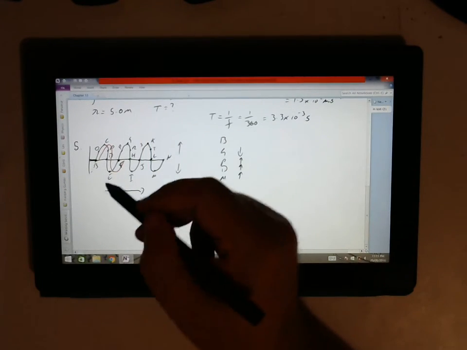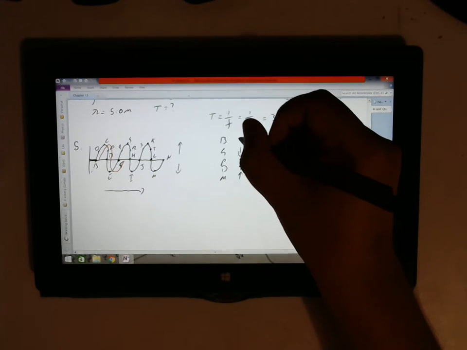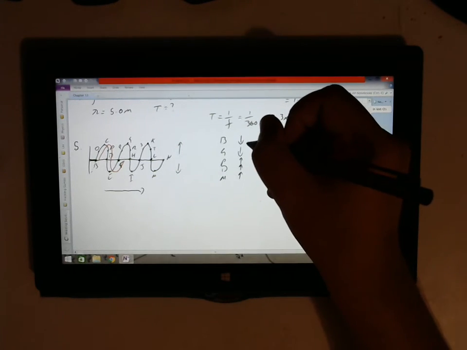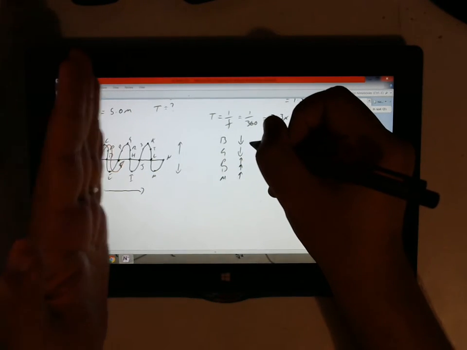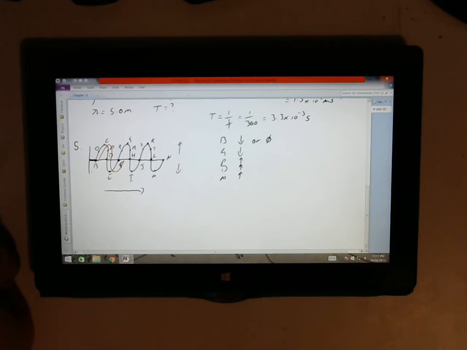So if we take that this is where the wave is being created from, then B will now move down. But if we say that B is where the waveform has finished, we could also say that there is going to be no movement. The textbook says B would go down, but to me you could argue both of these quite convincingly.